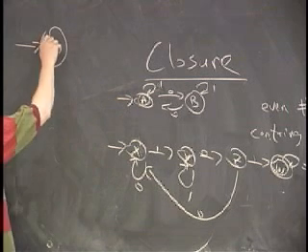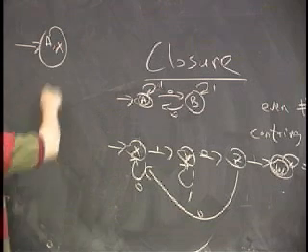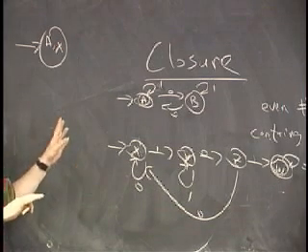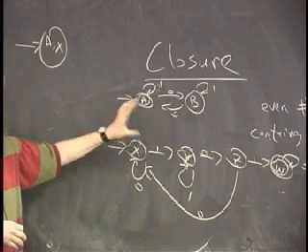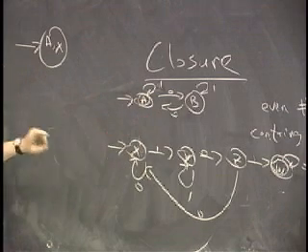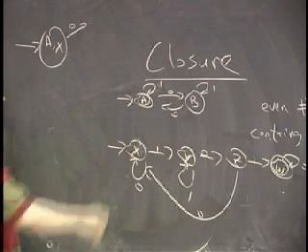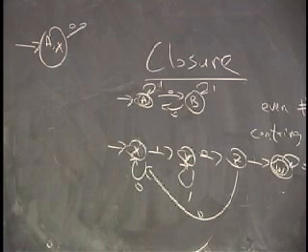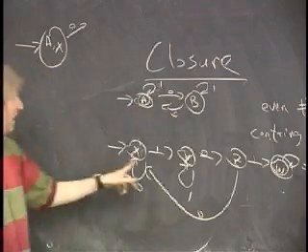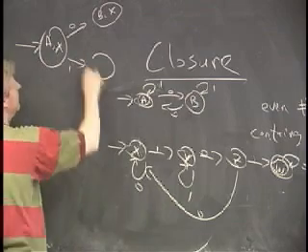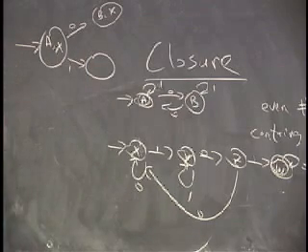In A and X. Okay? Let's forget about final states for now, or how we're going to interpret this. Let's just use this to simulate these being run simultaneously. We start off being in both A and X, and now on a 0, where do we go? B, X. And on a 1, AY. Good.